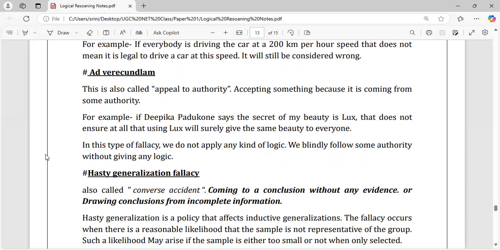For example, if Deepika Padukone says the secret of her beauty is Lux, that does not ensure that using Lux will surely give everyone the same beauty. In this fallacy, we do not apply any kind of logic. We blindly follow some authority without any logic, like we just follow whatever is on Instagram, anything. That is ad verecundiam.